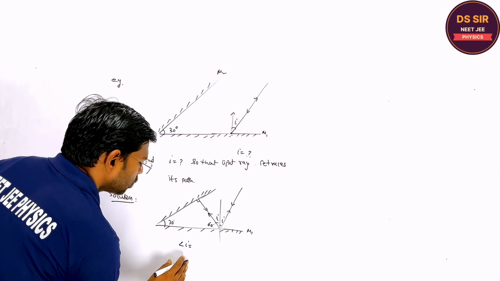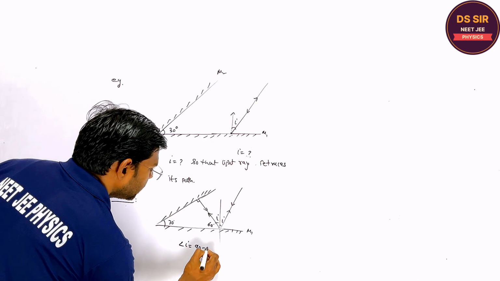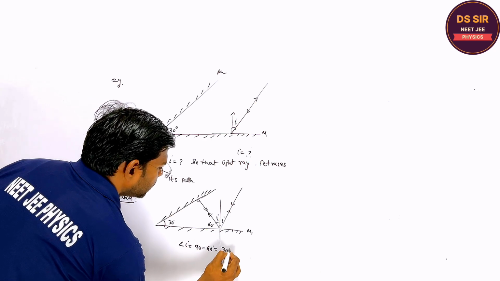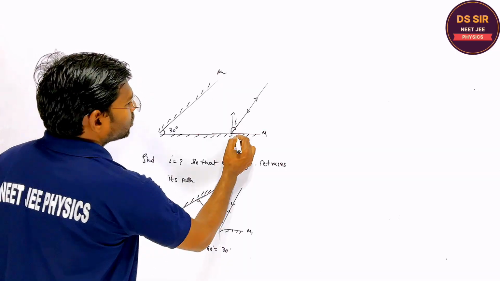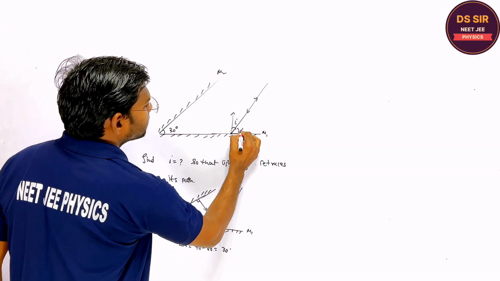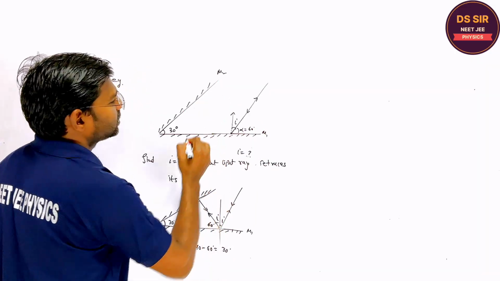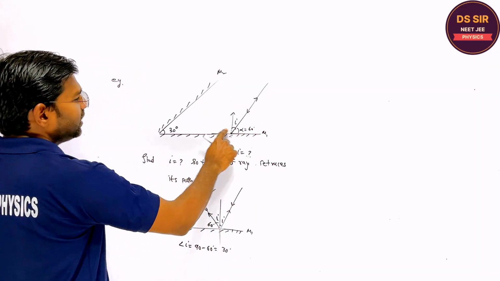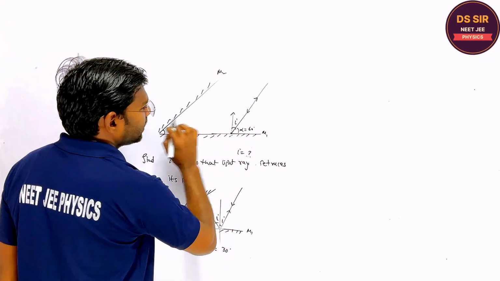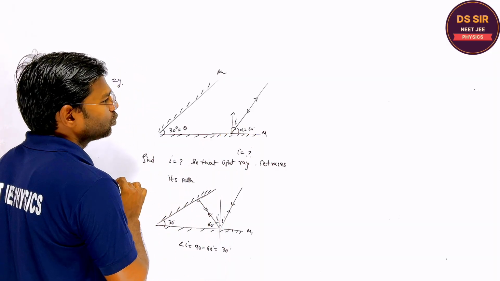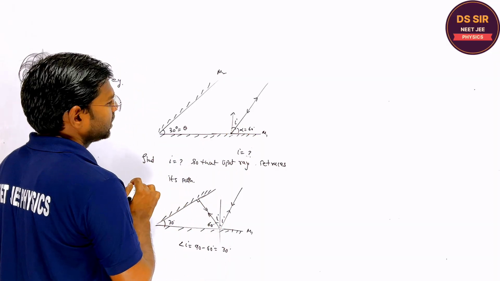The angle I should be 90 minus 60, which is 30 degrees. So this angle should be 30 degrees. Sometimes they may ask this angle alpha, which is 60 degrees. So if this angle is theta, then the incident angle must be theta to retrace its path. Is it clear or not?